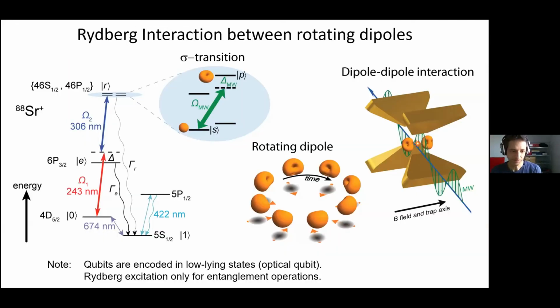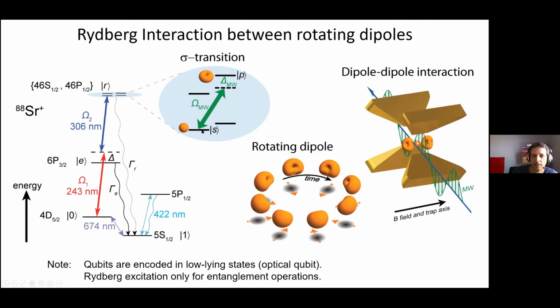So what we then do is we have the same scheme as before. We have our qubit, where 1 is our 5s1/2 ground state and 0 is our 5d5/2 metastable state, and we do this 2-photon excitation into the Rydberg state. The Rydberg state is now such a microwave-dressed Rydberg state.